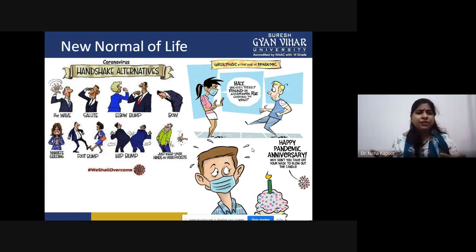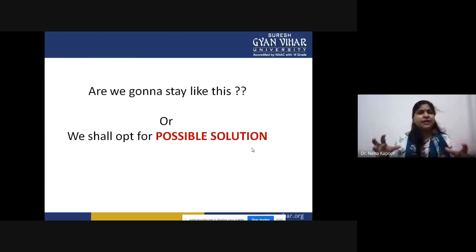Every agency, WHO, and every country's government is worried about how to tackle it. That is why the vaccination drive is in full swing. So, are we going to stay like this, or shall we opt for a possible solution to tackle these pandemic and epidemic situations?